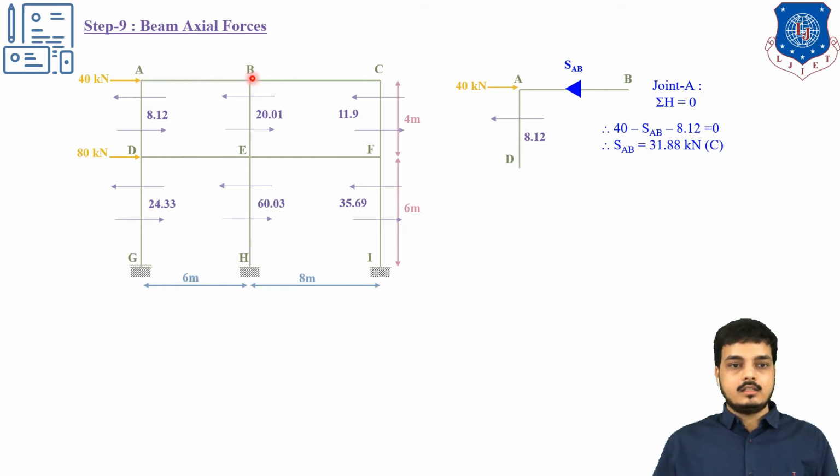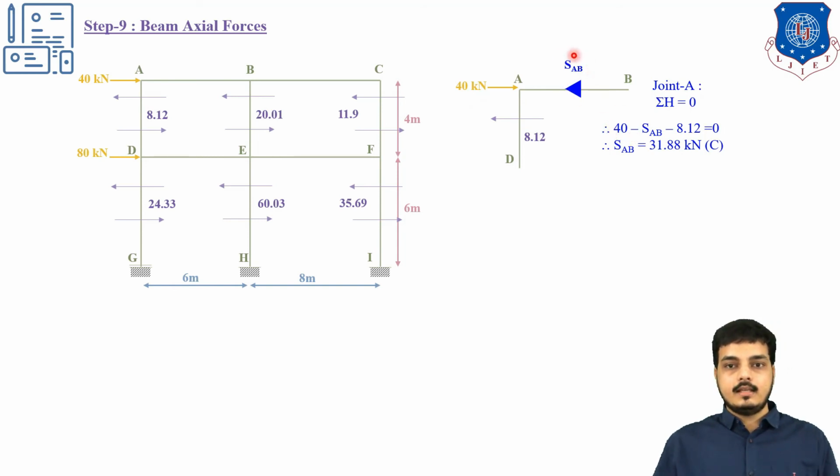While considering summation of horizontal force equals 0, I have to count this joint A. At this point, summation of horizontal forces equals 0. On the left hand side I have assumed negative, and the right hand side I have assumed positive. You can see the maximum load is on the right hand side, so I have assumed my axial force of the beam in the opposite direction to it.